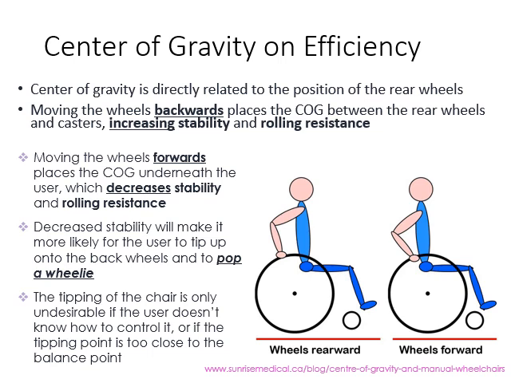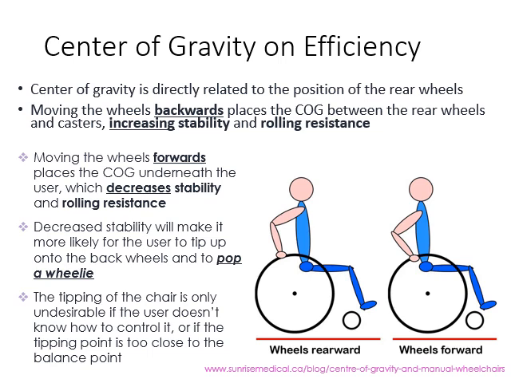What does that mean, popping a wheelie? We're going to talk about it in a few slides. But that basically means that the patient tips the wheelchair backwards in order to raise the front wheels over a curb. So popping a wheelie could be very effective, but it's not for everybody.